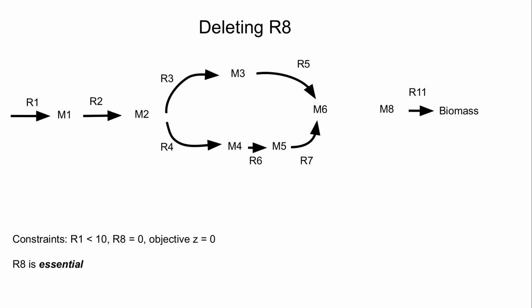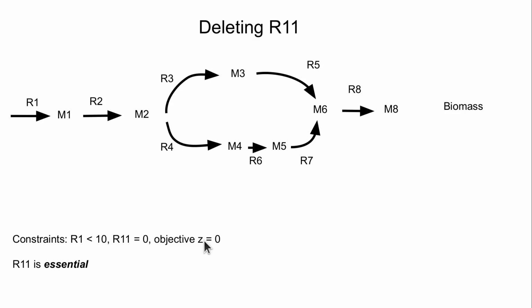And in any case, we can't produce any M8. Because we can't produce any M8, R11 can't have any positive flux, and so our objective Z, which is still R11, optimizing biomass, is 0. And so just as R2 over here, R8 is essential.